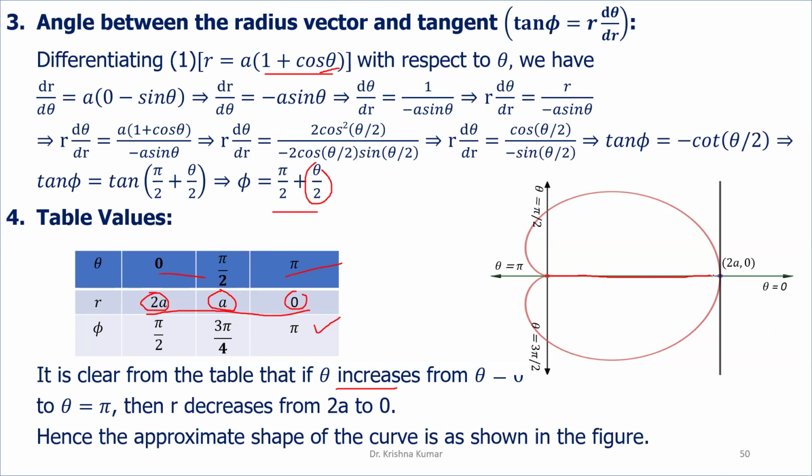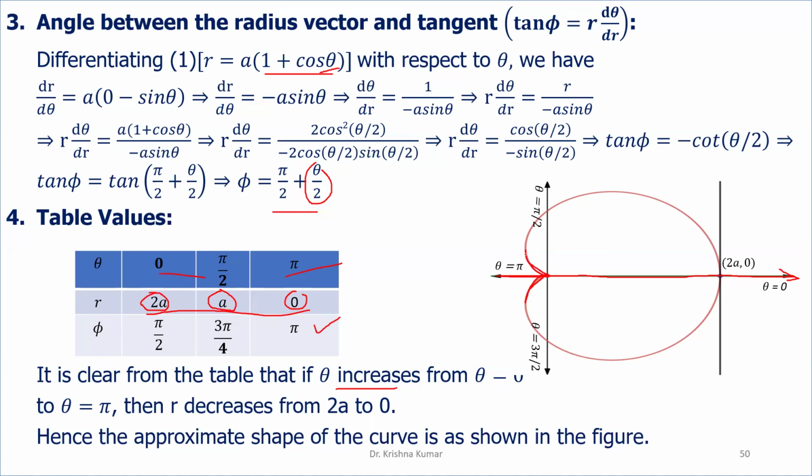So this is the initial line. And now theta equal to pi is the tangent at pole. So we can draw this tangent, which means we can draw one branch of the curve over here. And since it is symmetric about the initial line theta equal to 0, we have the second part of the curve, like this.